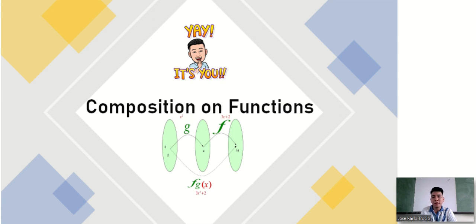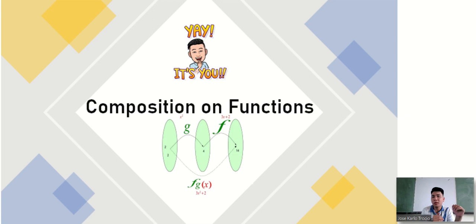From the name itself, composition, composed. A function can be composed of another function. You know already that a function is denoted with f of x, where f is the name of the function and the x is the input, which is inside the parentheses.